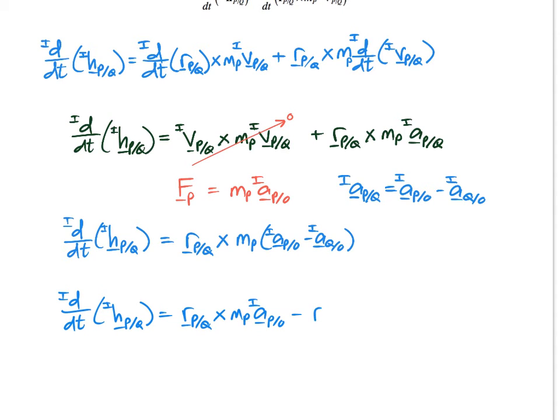And then we're going to subtract the position of p with respect to q cross with the mass of p multiplied times the acceleration of q with respect to O as observed in the inertial reference frame.